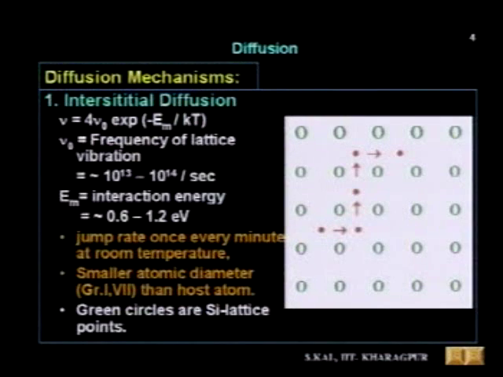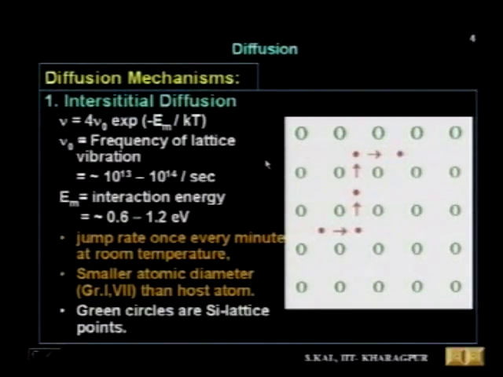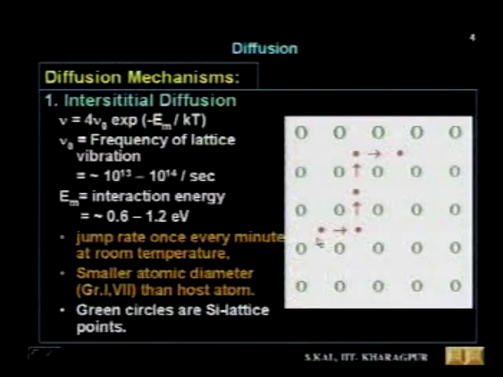And in this particular mechanism, the dopant atoms which are smaller in diameter follow this interstitial diffusion. For example, if the dopant atom diameter is more than the interstitial site dimension, then it cannot accommodate in the interstitial site, and it cannot jump from this side to this side.